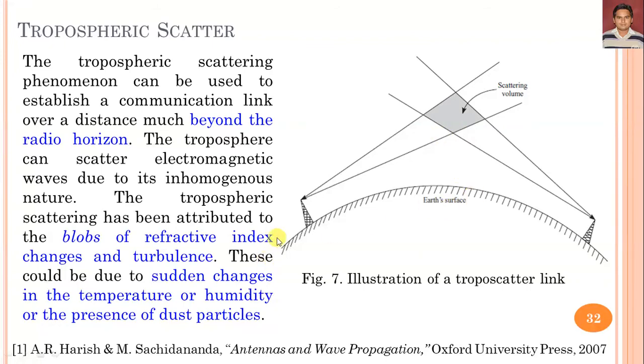Here you can see this is the surface of the earth, and this is the tropospheric communication link. This is the transmitting antenna, this is the receiving antenna. This region is called the scattering volume, and this is the angle that we call the grazing angle.